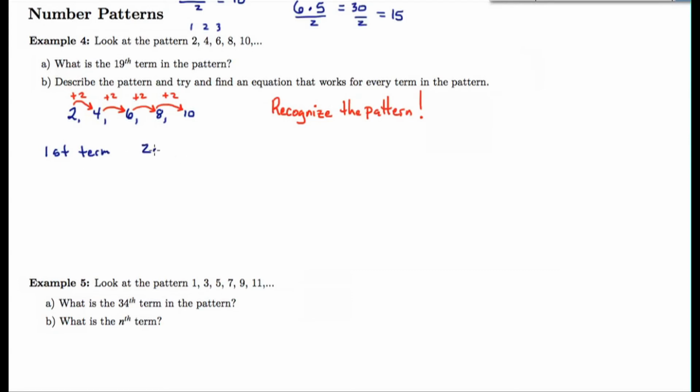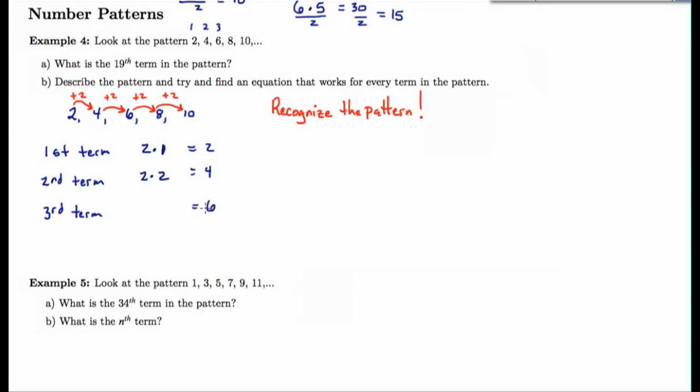So 2 times 1 would give me 2. The second term, I get 4. So if I take 2 and multiply it times 2, that would give me 4. Third term, I get 6.